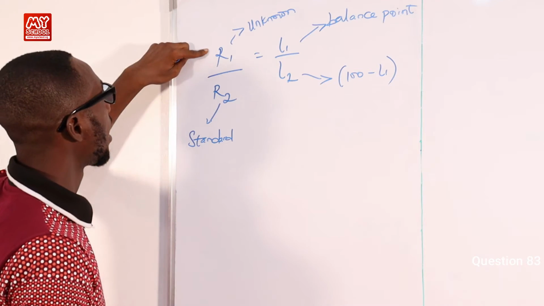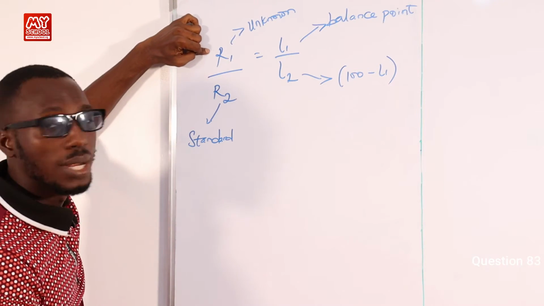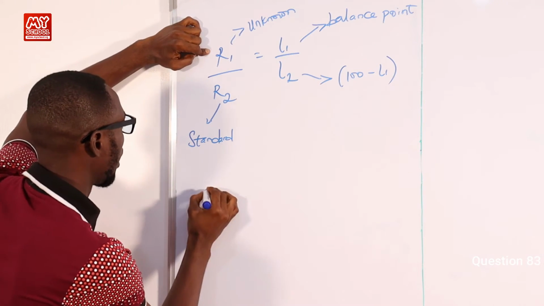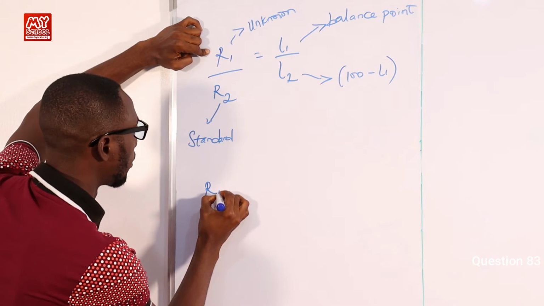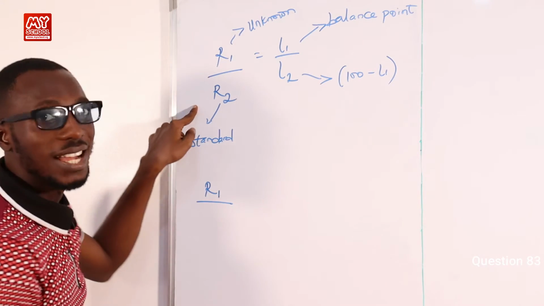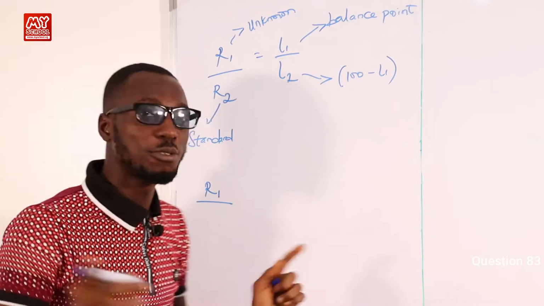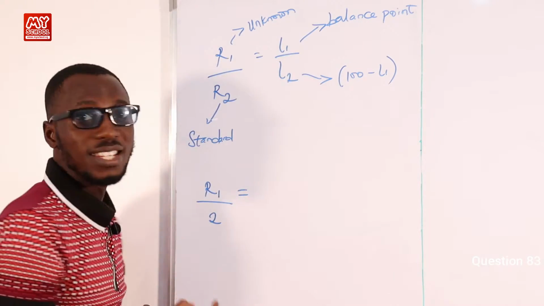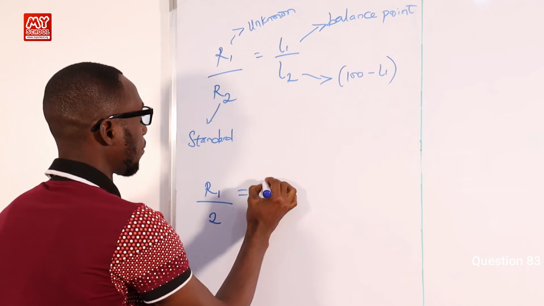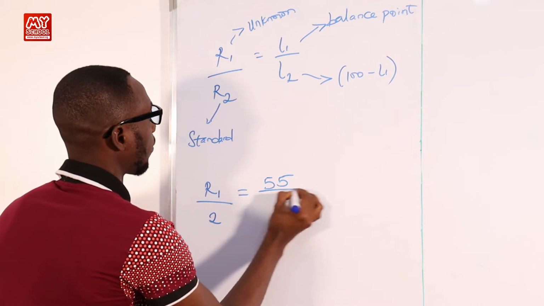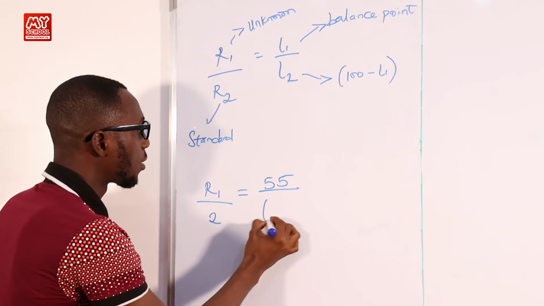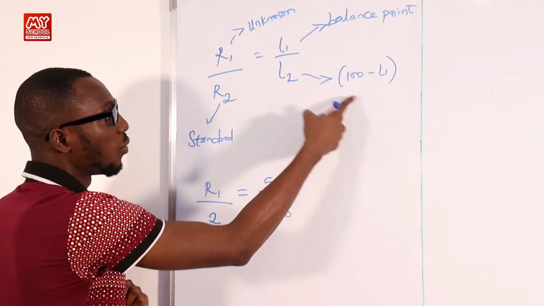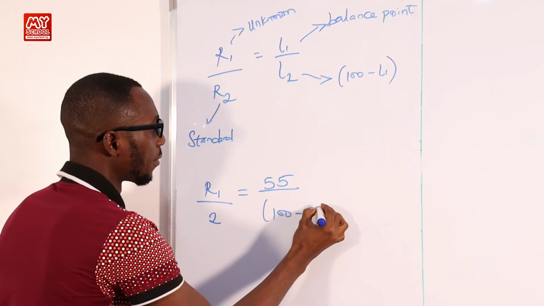We have an unknown resistance, which is R1, over the standard resistor from the question, which is 2, equals the balance point, which is 55, over L2, which is 100 minus L1, which is 55.